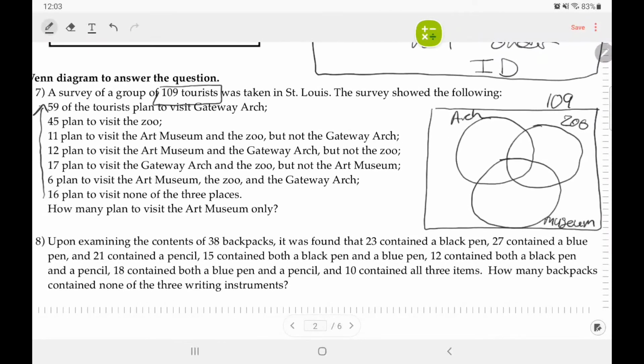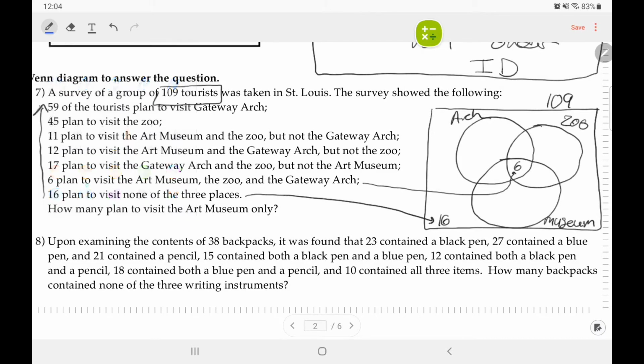It says 16 plan to visit none of the 3 places, which means my 16 will go on the outside. 6 plan to visit the art museum, the zoo, and the Gateway Arch, which is the center where all 3 overlap. I'm going to put the number 6 right there.